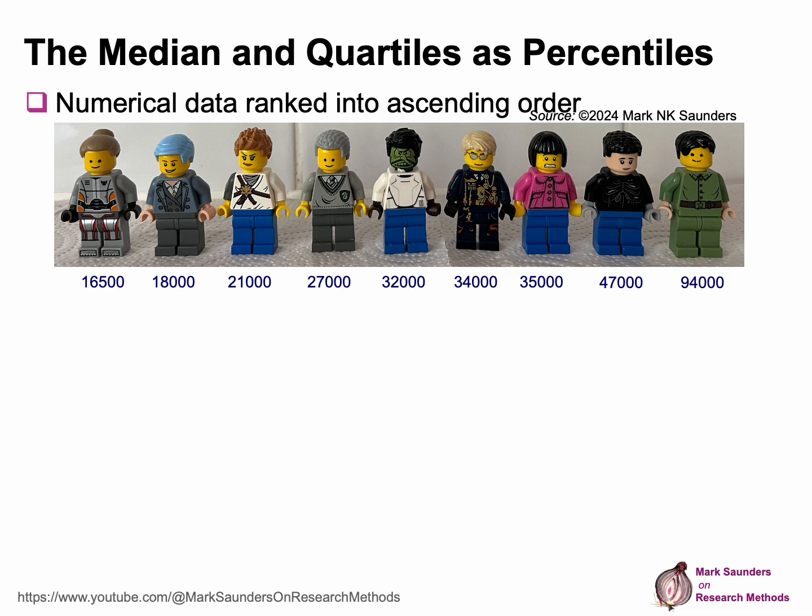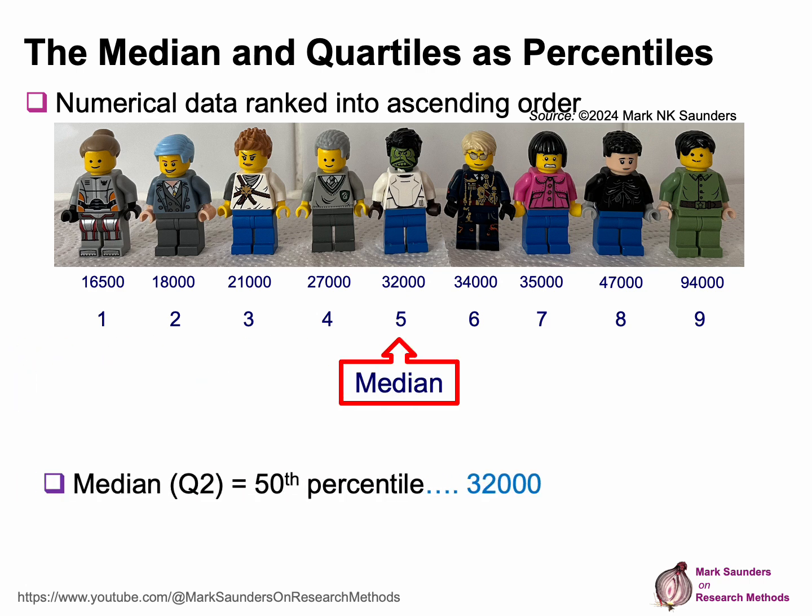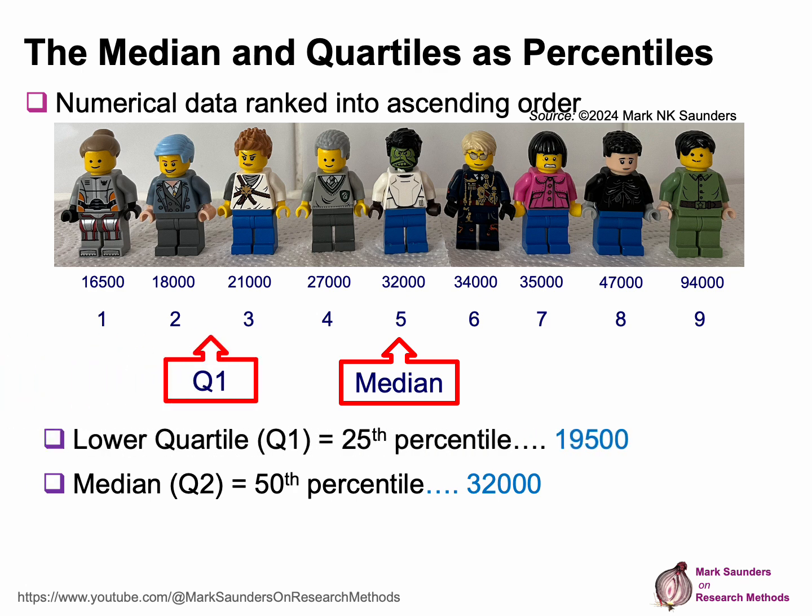Our median and our upper and lower quartile represent specific values of percentiles. Once again, once we've ranked our data into ascending order, we can look at this more carefully. The median, which is quartile 2, is the 50th percentile, representing halfway through our dataset, in other words, 32,000.